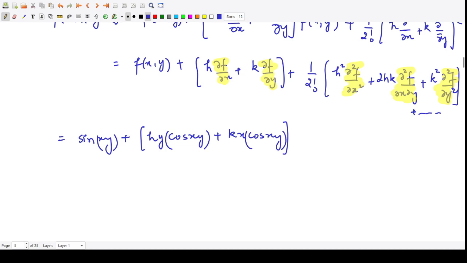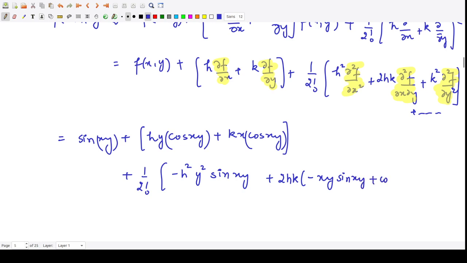So you already know how to calculate these partial derivatives. Plus 1 by 2 factorial, minus h² y² sin(xy), plus 2hk times (minus xy sin(xy) plus cos(xy)), and then we have minus k² x² sin(xy). So this is the given answer, and we won't write plus dot dot because we are required to calculate this up to the second order terms.